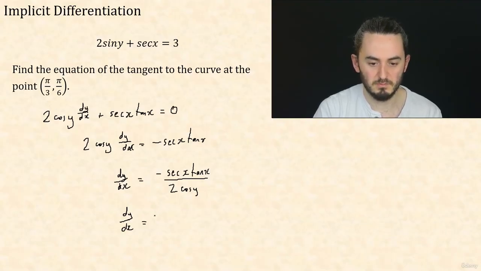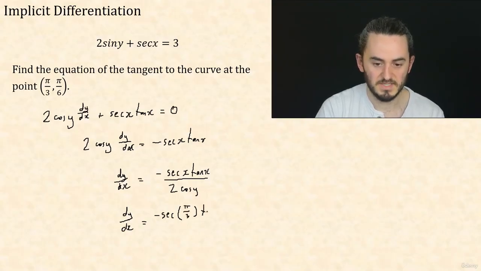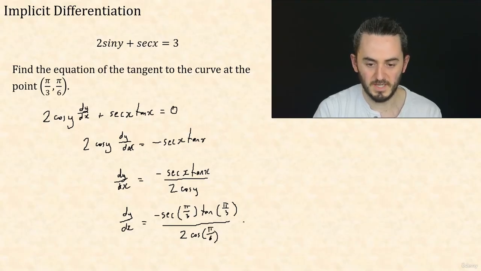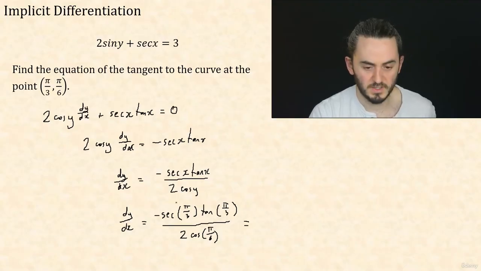Okay, so minus sec pi over 3 tan pi over 3 over 2 cos pi over 6. Okay, so these are somewhat tricky to key into your calculator. I'd work them out separately. So firstly, what is sec of pi over 3?